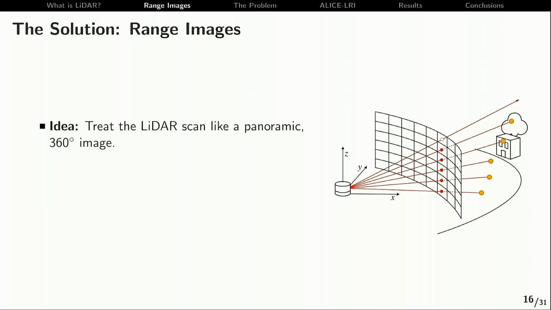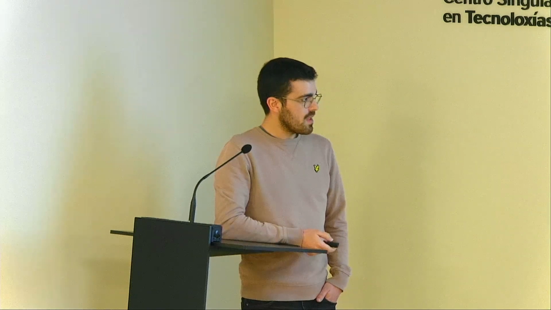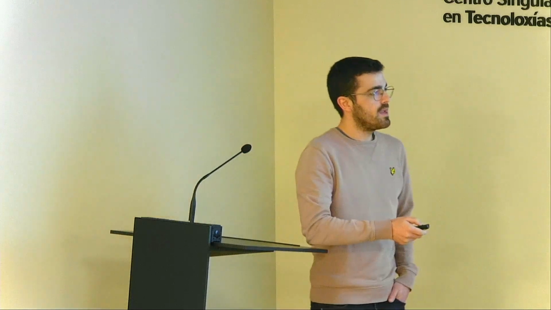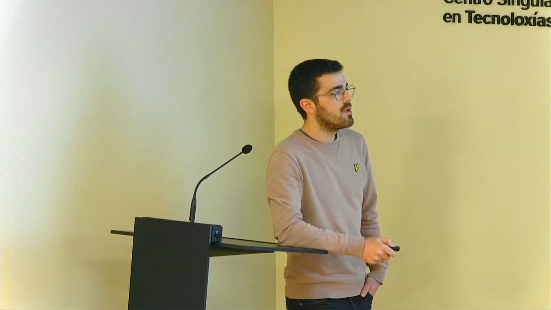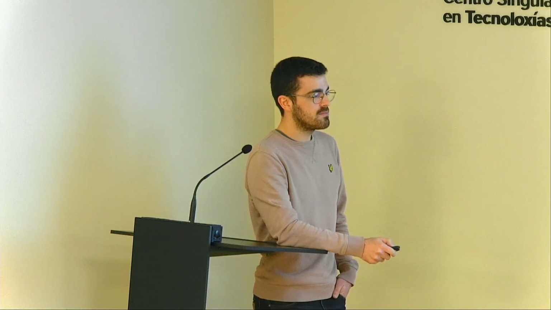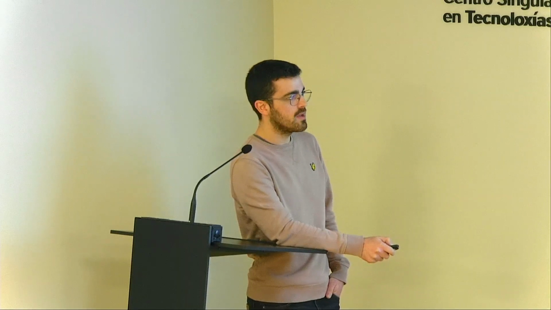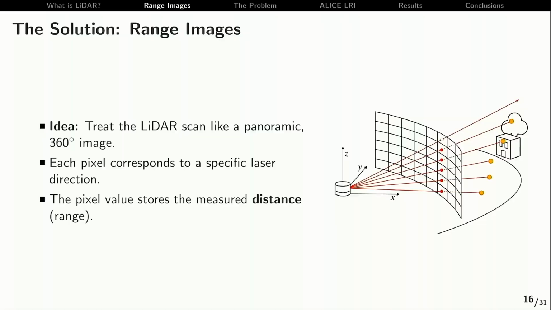And basically, the main idea is very simple. You just create like this panoramic image around the sensor, where each row, well, this is meant to represent an image, and each of these squares is meant to represent a pixel of the image, okay? And essentially, you map each row of the image to one laser. So in the previous case, we'll have 64 rows in the image because we have 64 lasers.